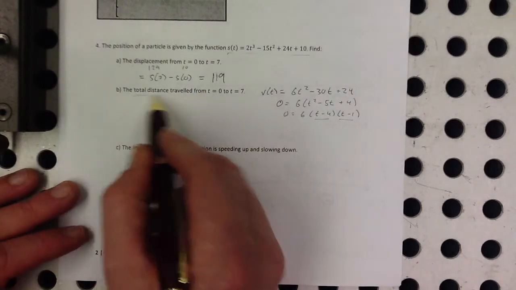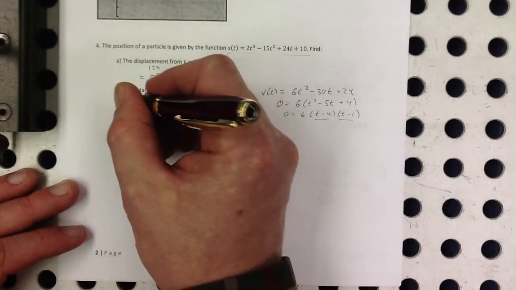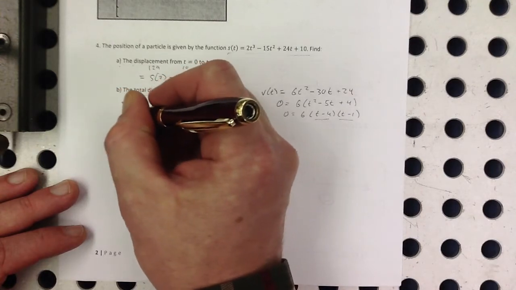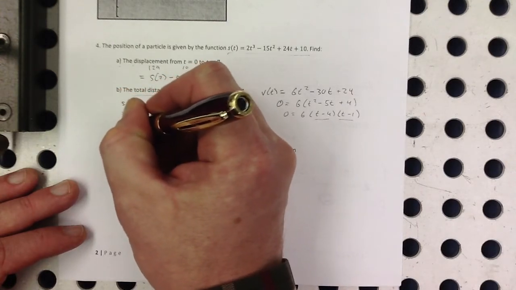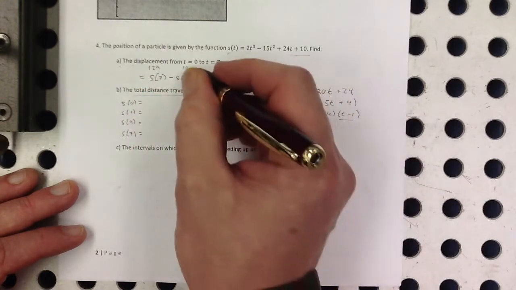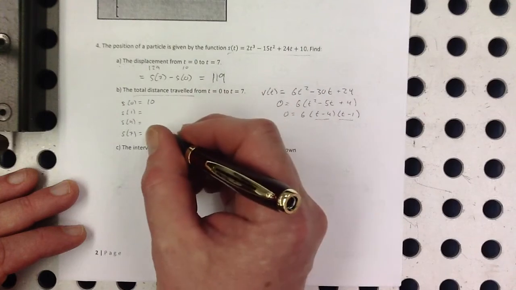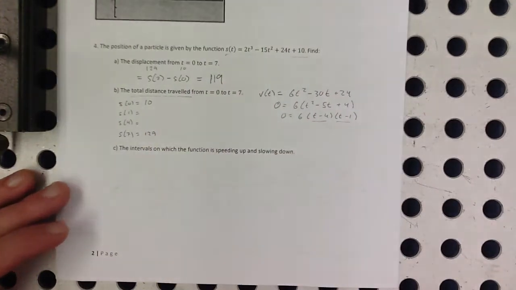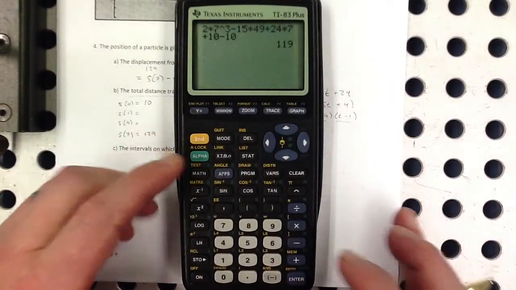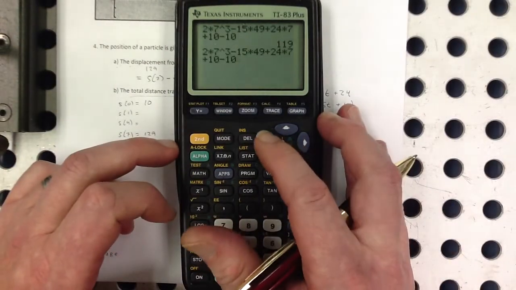So to find the total distance traveled, I need to find the position at 0, the position at 1, the position at 4, the position at 7. And 2 of these I've already got. That's 10, and this is 129, right? So, let's see.